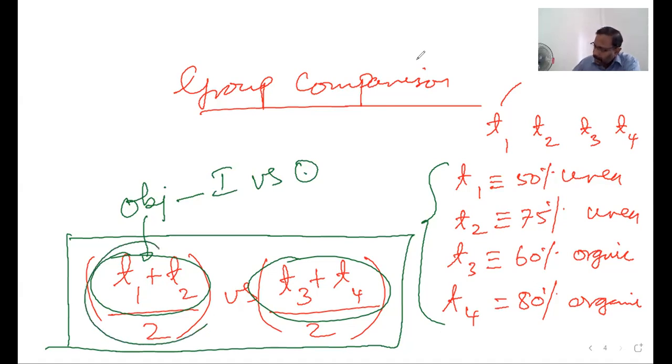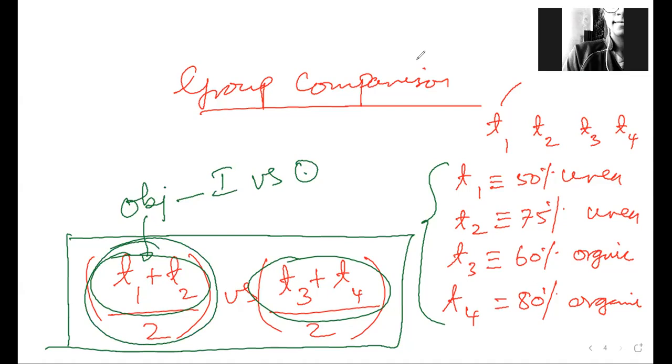So what about the average of T1 and T2? Is it inorganic or organic? Inorganic. Source of nutrient, I mean what type of nutrient, we will forget it. Because we can give nitrogen from urea, we can give nitrogen from organic matter, no problem.